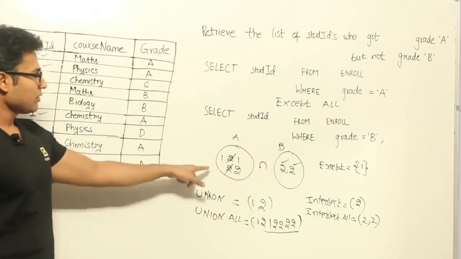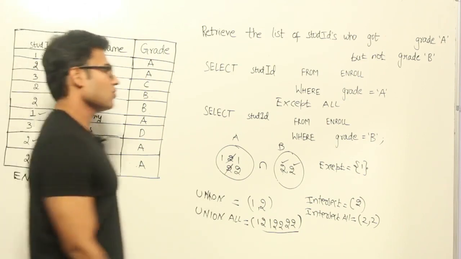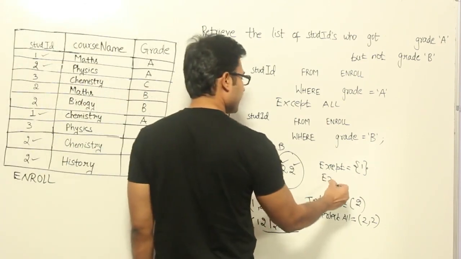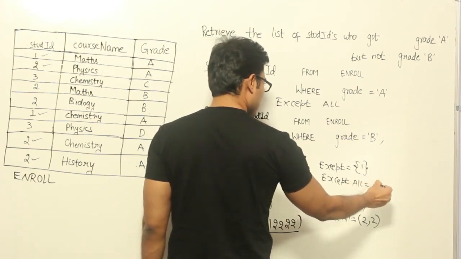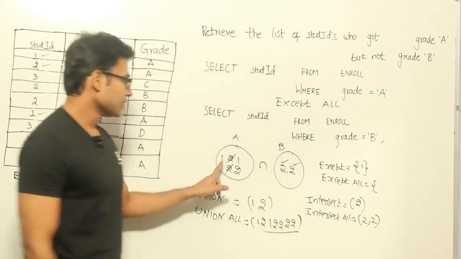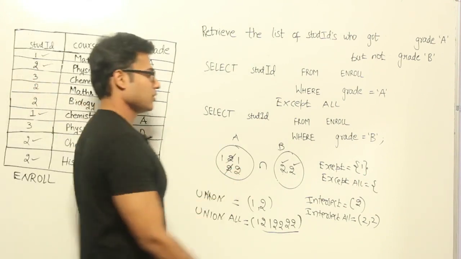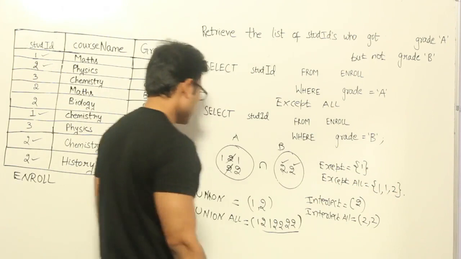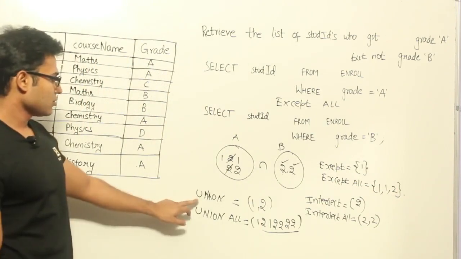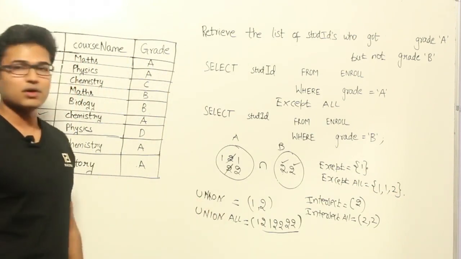Got it? Now whatever is remaining, just write it there. So what do you get in except all? You are going to see what is remaining here: 1, 1, 2. Therefore you are going to see it as 1 1 2. Got it? So this is the difference between using all and not using all. Got it?